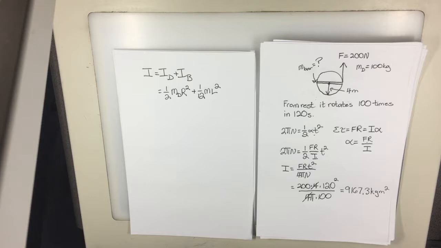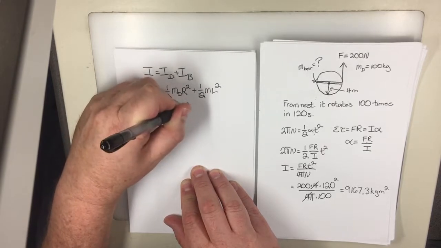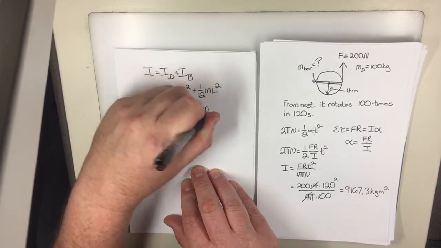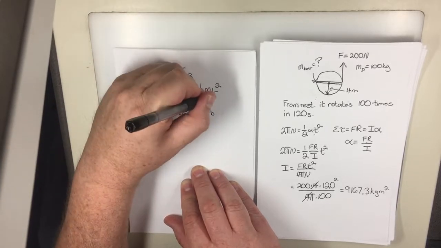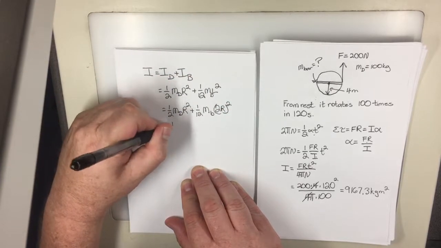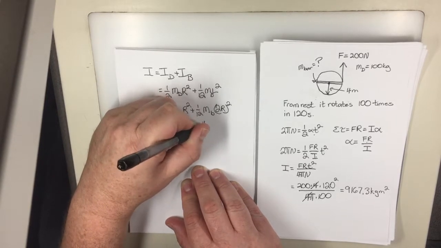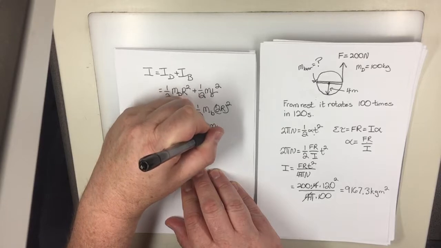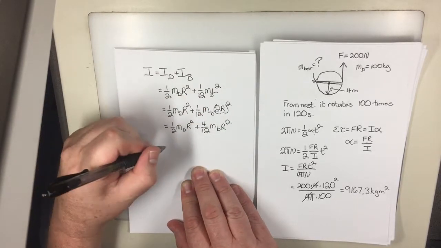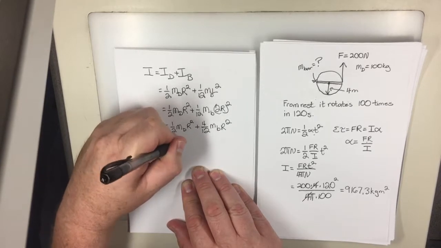So if L is the length of the bar, what is it in terms of the radius of the disk? 2r. So this becomes 1/2 m_d r squared plus 1/12 m, actually this is the bar, 2r squared. This becomes 1/2 m_d r squared plus 4/12 m_b r squared.